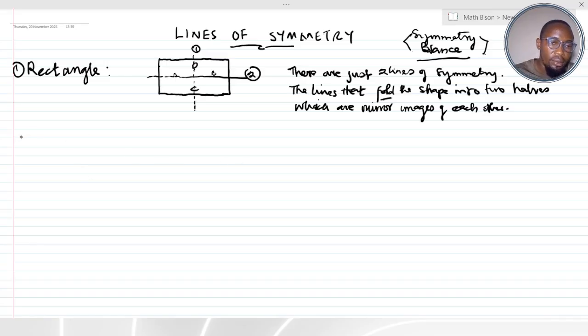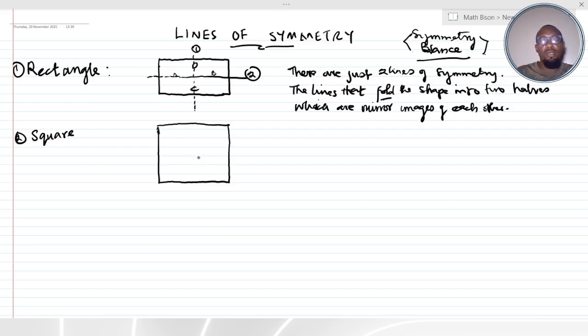Now let's check a square. If you have a square, it's easy to see that you can cut through like this, and fold towards this side.